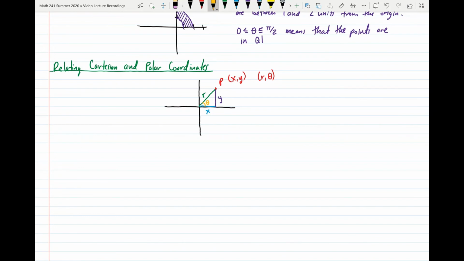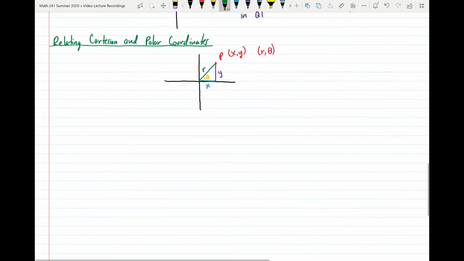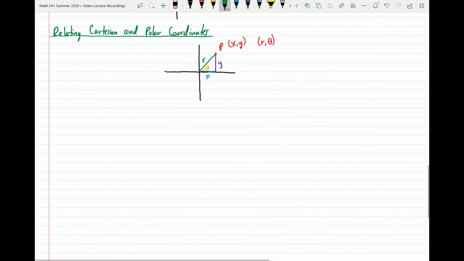So now I have a geometrical interpretation of the values that are showing up inside of the ordered pairs that represent P. And we can find relations between these different values that are showing up inside of our picture here. So the triangle in the picture is a right triangle.